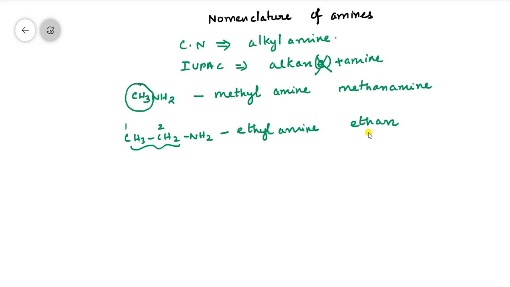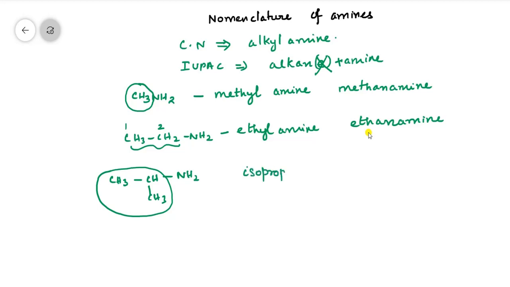The suffix E is eliminated and amine is added, so ethanamine. Simple. One more example, CH3CHCH3NH2. What is the alkyl part attached to the nitrogen atom? It is the isopropyl group. So it is isopropyl amine.